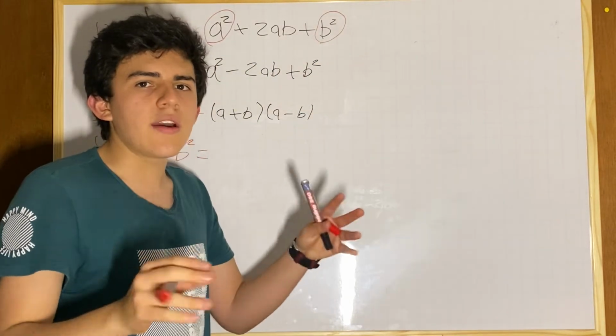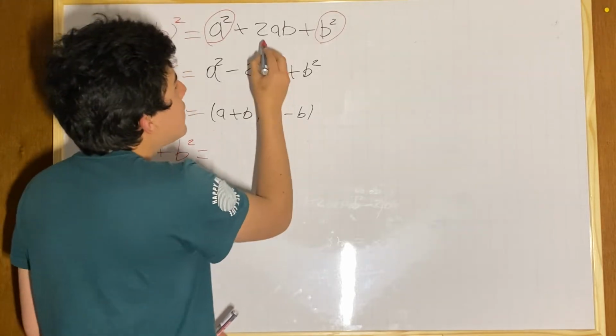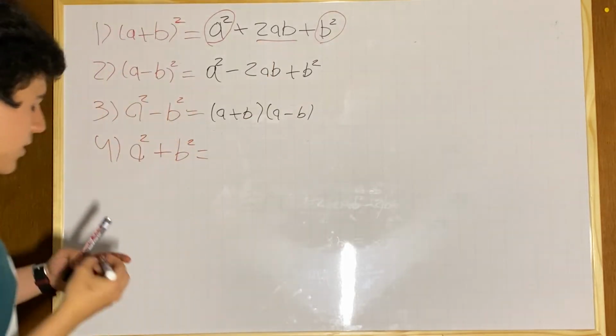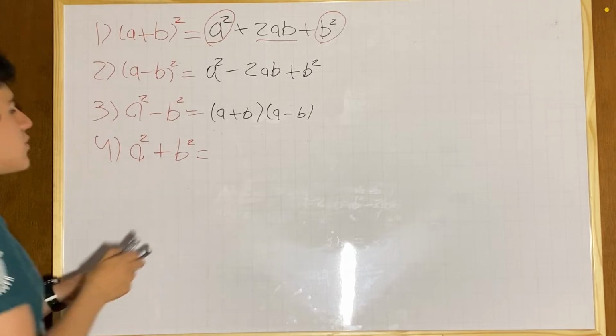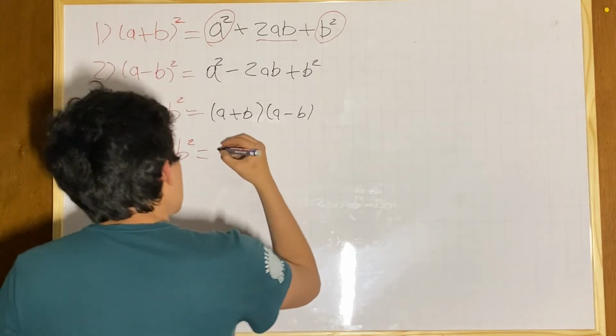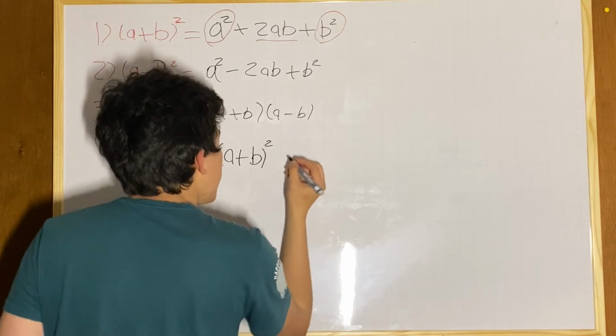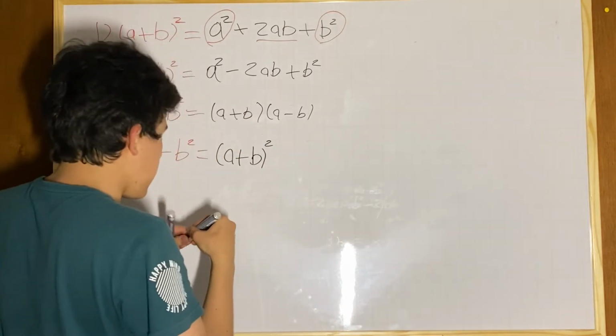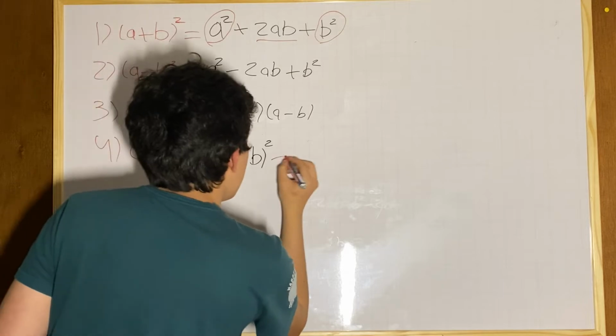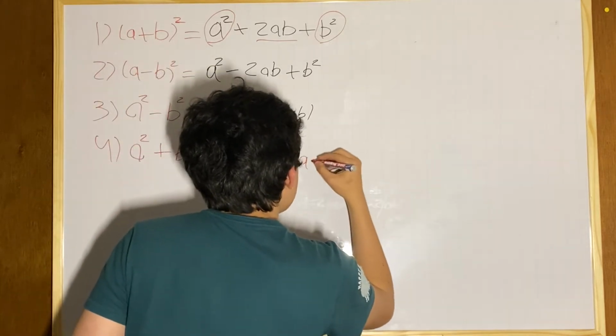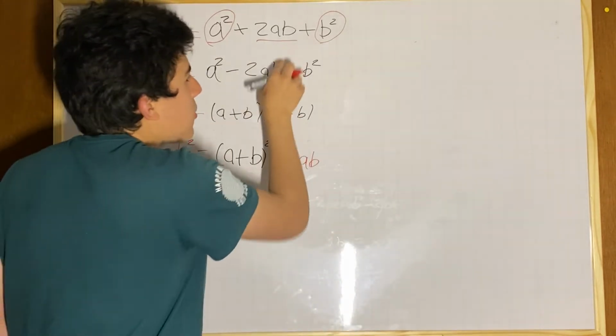The only thing that doesn't really match is this 2ab. Now, what can we do? Well, we can say that this is going to be equal to (a + b) squared minus, let me write that in red so you remember, minus 2 times ab. The same term that we have here.